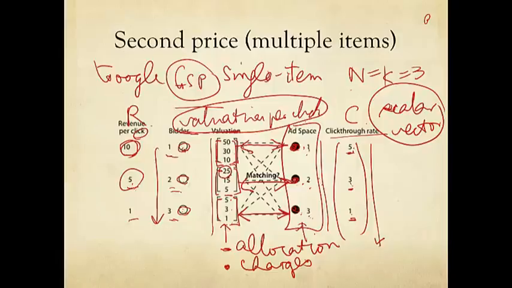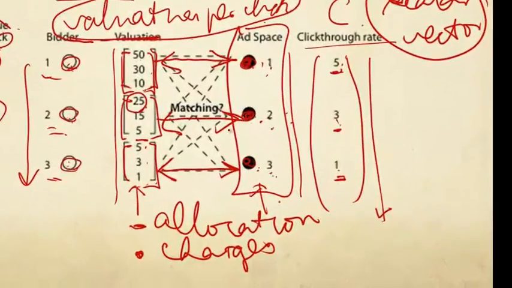And the second most valuable ad space given to the second highest bidder, the charge will be according to the third highest bidder. Now, since there are only 3 items and 3 bidders, what about the third pair? Well, you can either say they get charged nothing, or in reality they always have a minimum, let's say a delta of charge.